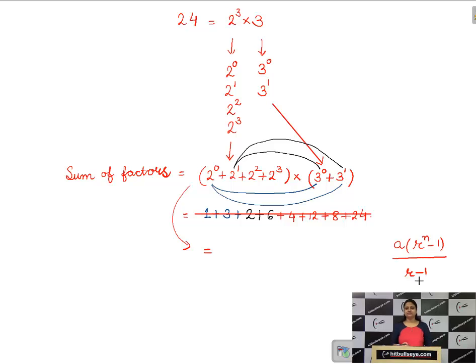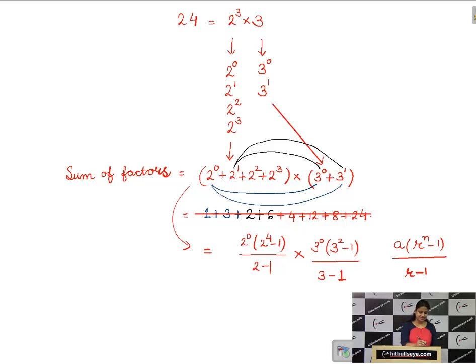I am applying the same formula here. So it will be 2 raised to power 0. 2 is the common ratio here. How many terms? 4. Into 3 raised to power 0, 3 square minus 1 upon 3 minus 1.